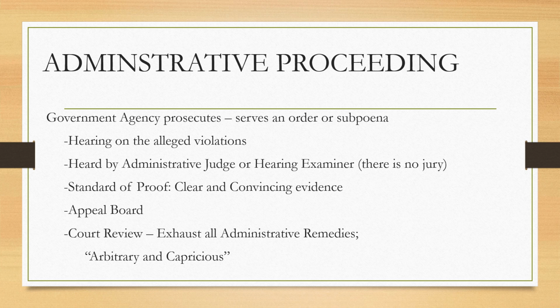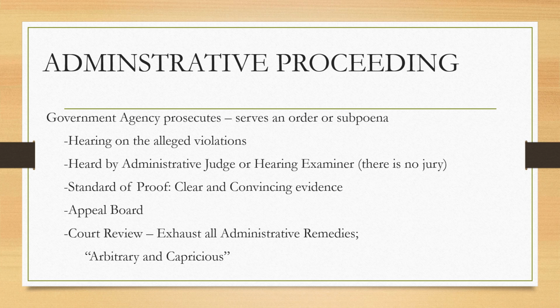The court will look at the case to see, one, that this person has exhausted all of their administrative remedies, meaning they worked their way up the chain in the administrative process, going from the hearing to the appeal board, and any other avenue that might be required for the particular agency. For general purposes, it's normally the first hearing, then an appeal board, then the ability to go to court. But the court does not review the entire case.